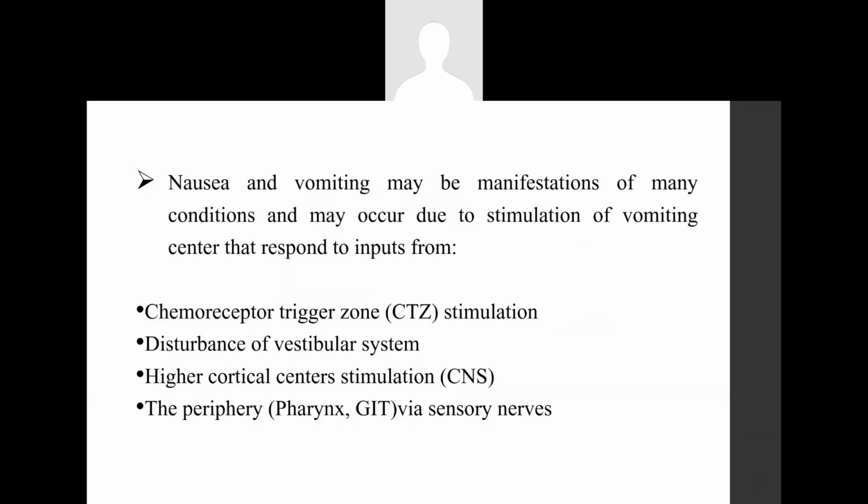Whatever the driving cause, it comes from the chemoreceptor trigger zone, or disturbances of the vestibular system, or input from the CNS or cerebral cortex, or from the periphery, such as irritation of the pharynx, larynx, and GIT via the sensory nerve, such as smelling or engorgement of certain parts inside the pharynx, or irritation in the GIT, such as using a high dose of non-steroidals.